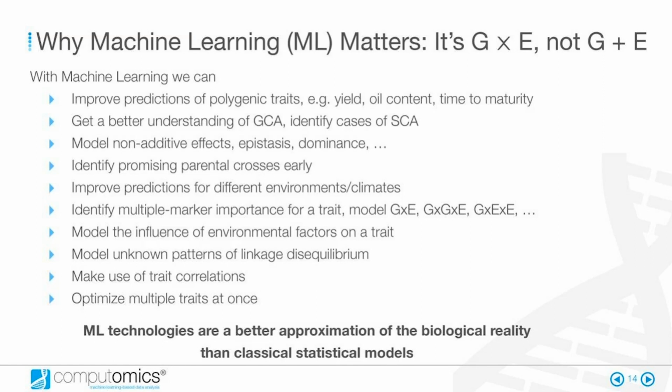Machine learning technologies can integrate very heterogeneous data, and so we can incorporate environmental measurements such as precipitation, temperature, soil type, etc. As machine learning approaches determine the importance of each factor that goes into the model and of the interaction between these factors, we can also tell which environmental factors influence the phenotype, meaning we can model G by E. Machine learning technologies can optimize for multiple traits at once and make use of trait correlations to improve the prediction accuracy.